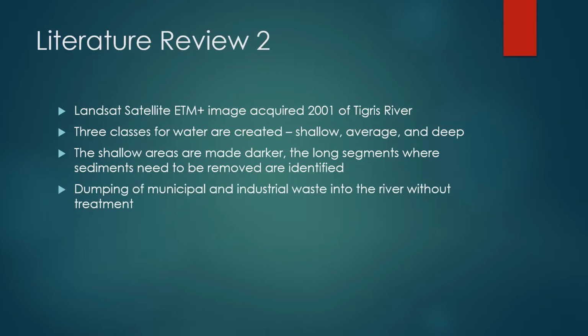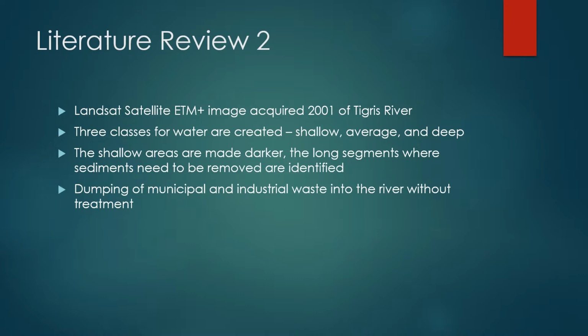The next literature review that I will go through is an article about imagery of the Tigris River using a Landsat ETM satellite image. There are 3 classes created for the water: a shallow class, an average class, and a deep water class.